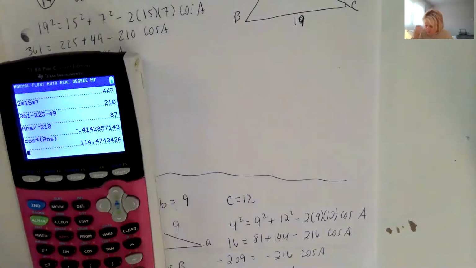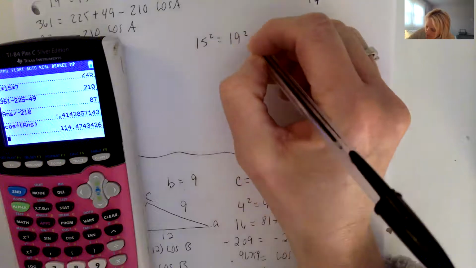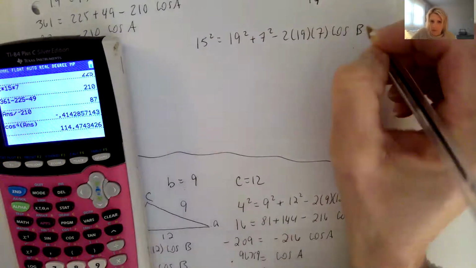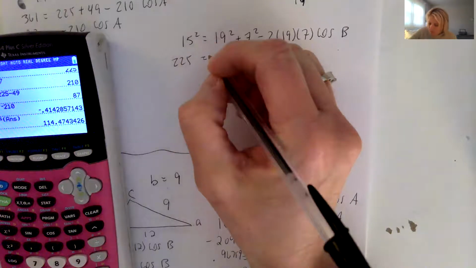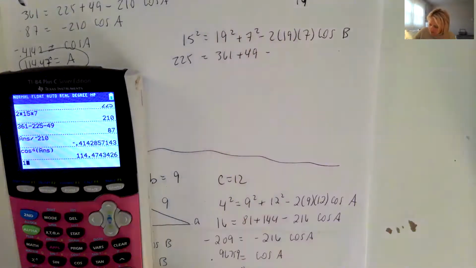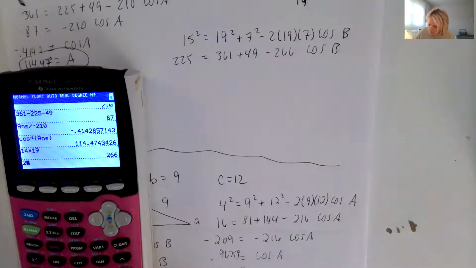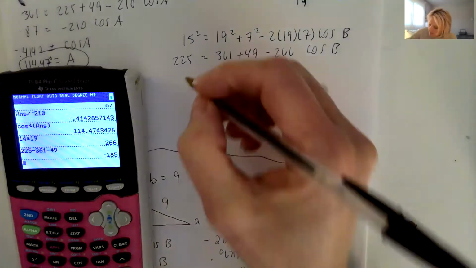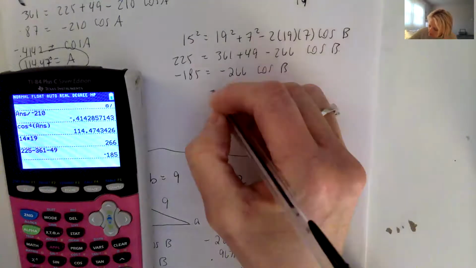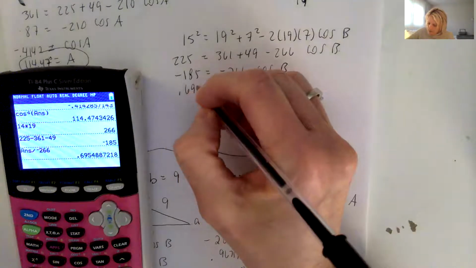Okay, so I'm now going to do the same thing and solve for angle B. 15 squared equals 19 squared plus 7 squared minus 2 times 19 times 7 times the cosine of angle B. So 225 equals 361 plus 49 minus 266 cosine B. So 225 minus 361 minus 49 is negative 185 equals negative 266 cosine B. So that becomes positive 0.69549.